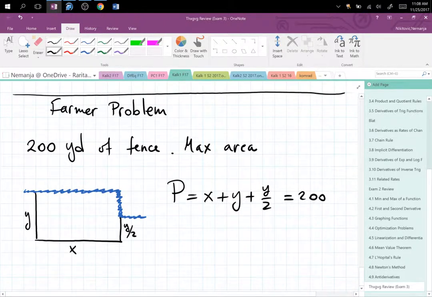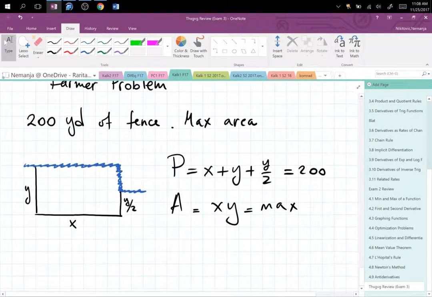So this is your constraint equation. And the area is X times Y, which we want to be max to get the most out of the fence.